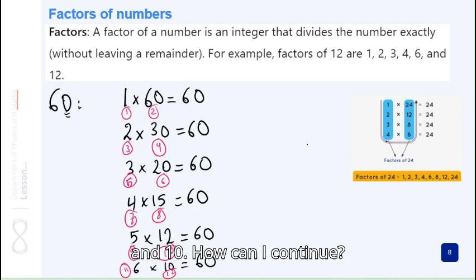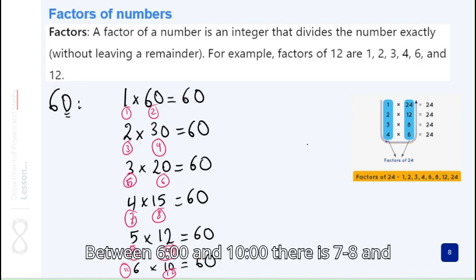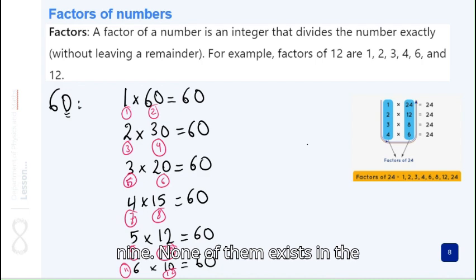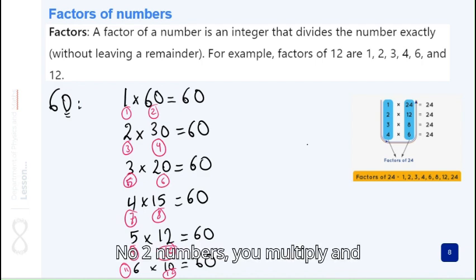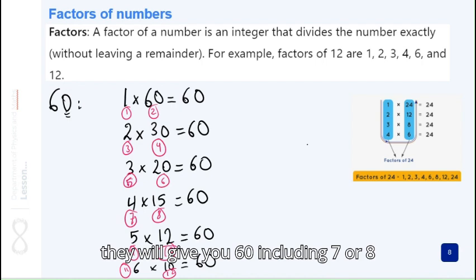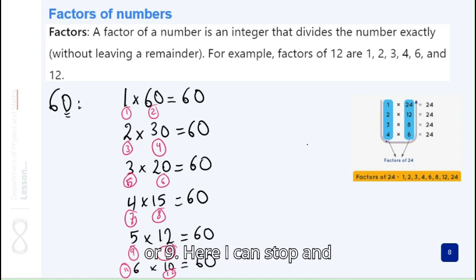How can I continue? Between 6 and 10 there is 7, 8 and 9. None of them exists in the multiplication table and gives 60. For this reason, that means no two numbers you multiply will give you 60, including 7 or 8 or 9.